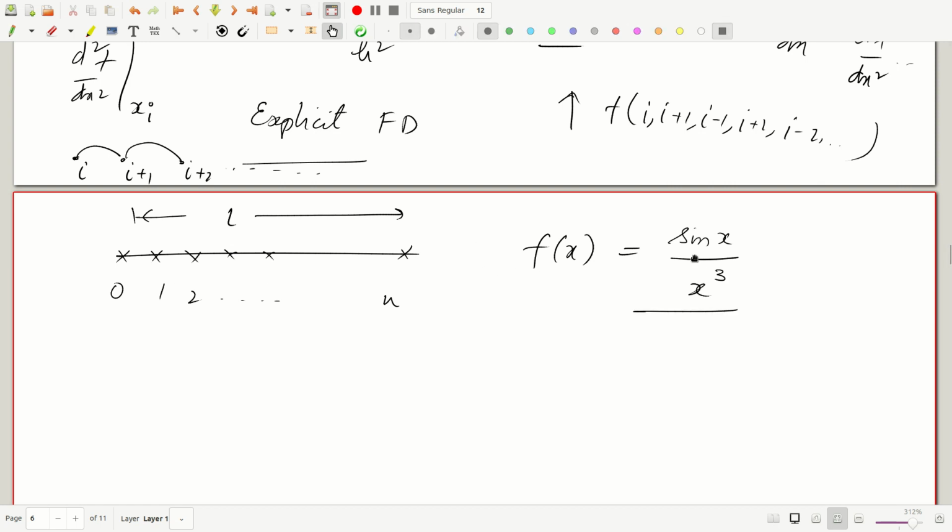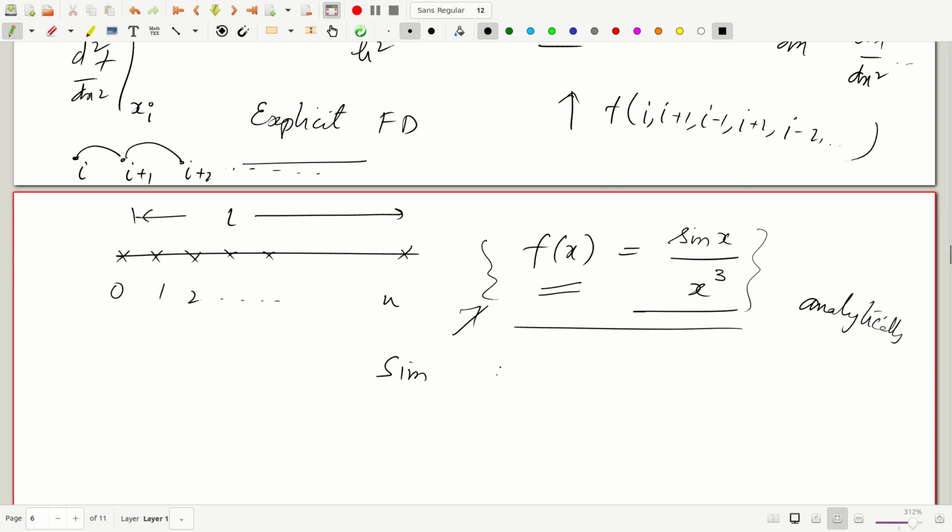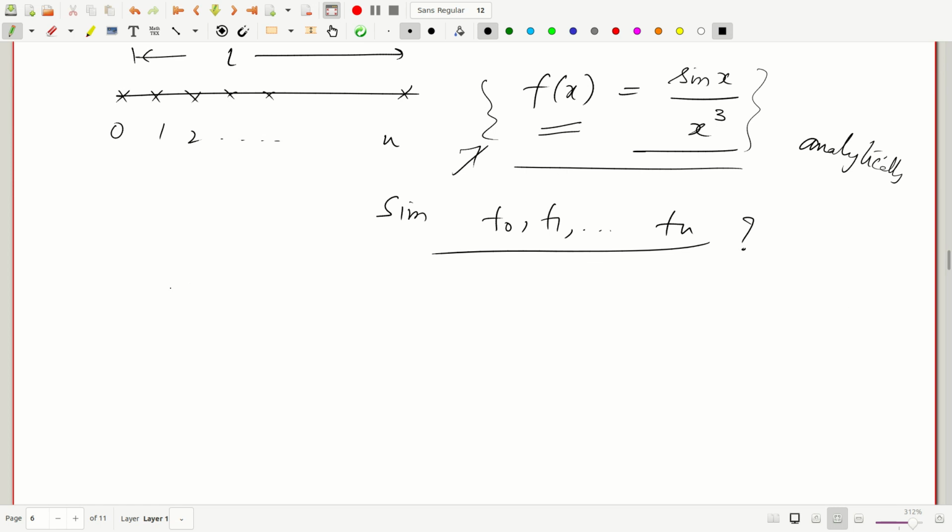If you have to calculate the derivative of this function, of course you can always calculate it analytically, but the idea is when you don't know this function analytically, let's say you're getting it in your simulation, then you would have f of 0, f1 all the way to fn. Then how would you use these values to calculate the derivative? That is basically using the finite difference formula.